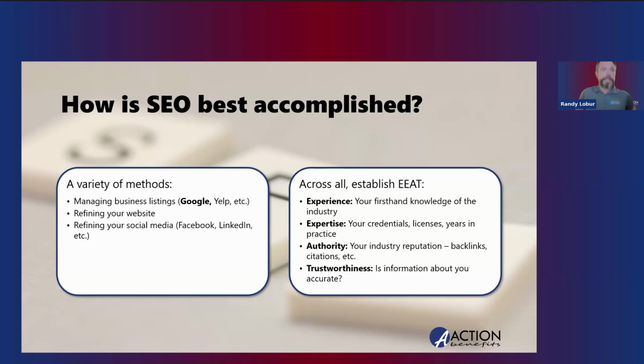The other thing to keep in mind is trustworthiness. And here, not just like, are you a good person? Although, please always be a good person, but rather is the information about you, your agency, your brokerage that can be found online all accurate? In particular, we're talking about contact information. We're talking about addresses.